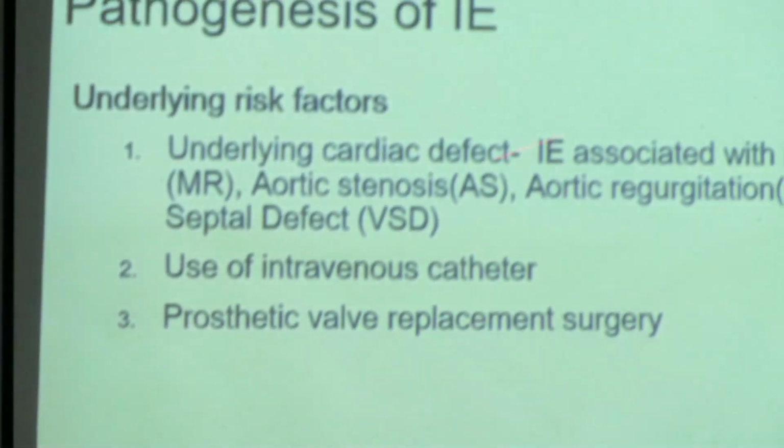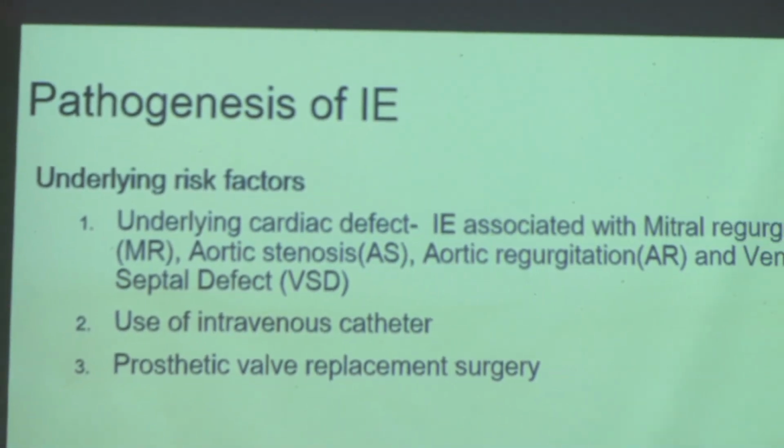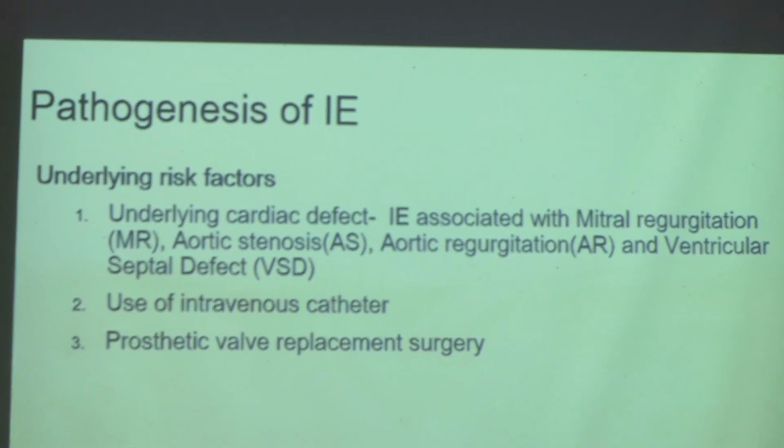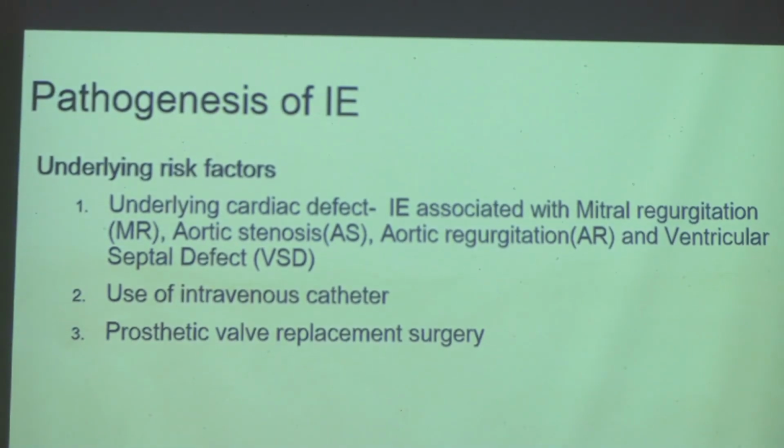So what are the risk factors for infective endocarditis? Most common is any scarring or damage to the heart valves, so underlying cardiac defects like mitral regurgitation, aortic stenosis, aortic regurgitation, VSD, when the heart valves are deformed.